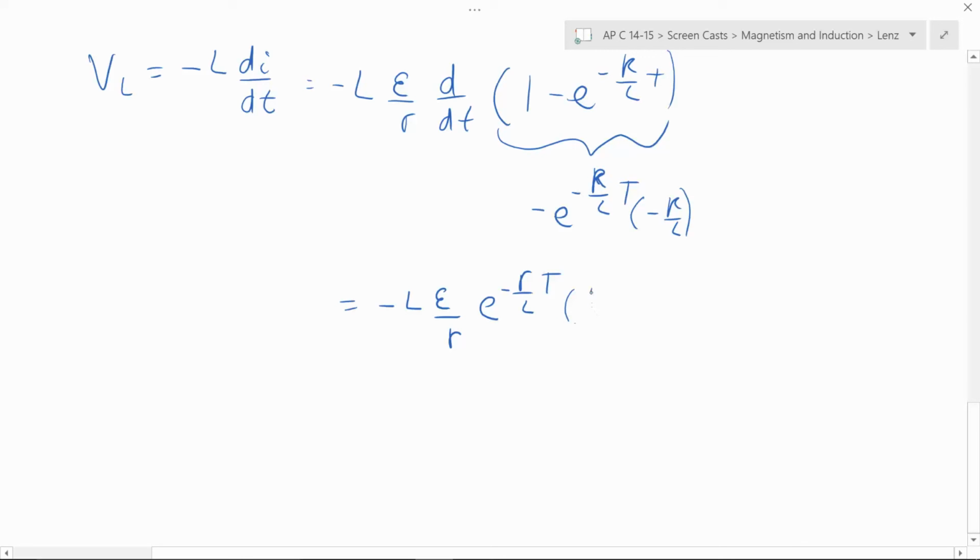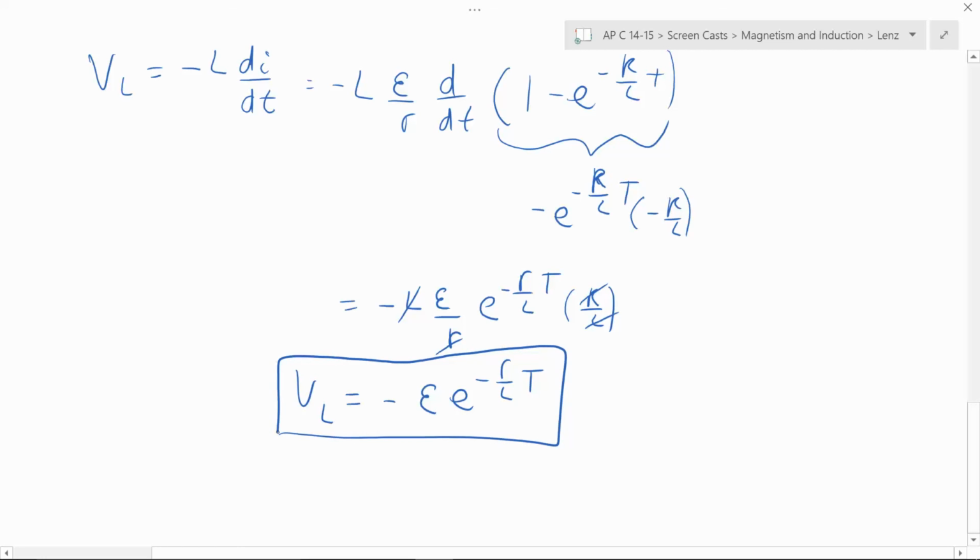And then we've also got an r over L. These cancel, this R, this L. And you're left with the voltage across the inductor equals negative E times e to the minus r over L t, which is what we expected. It's always some fraction of the battery voltage, but in the opposite direction. So it starts off equal to the voltage of the battery, but opposite, and then decays to 0.